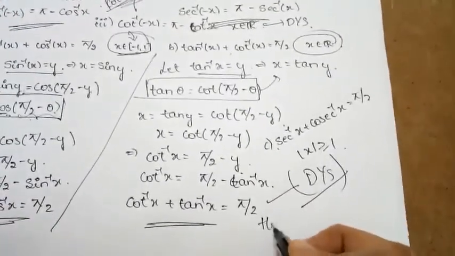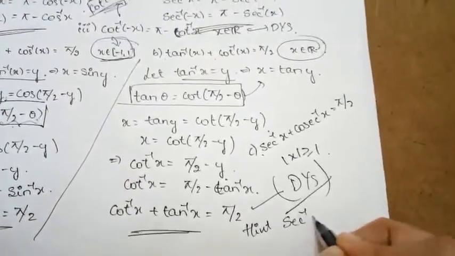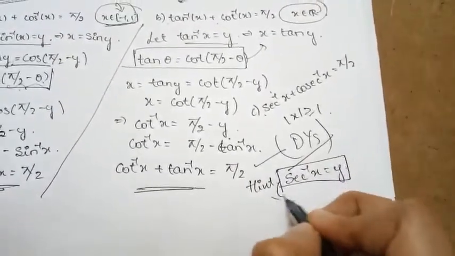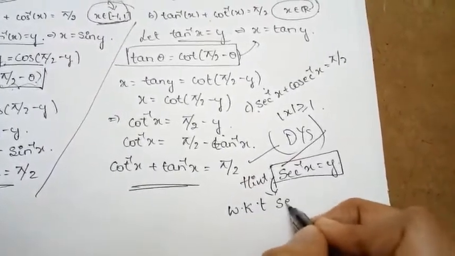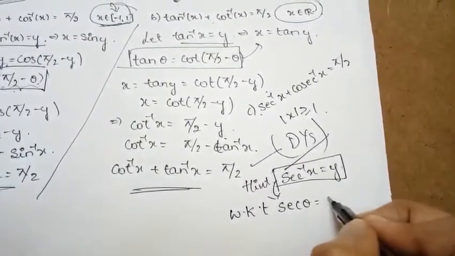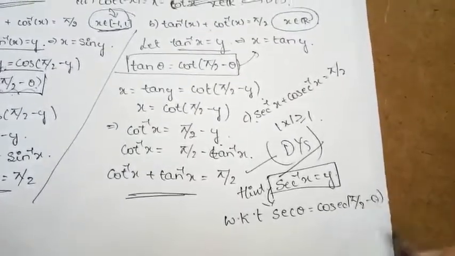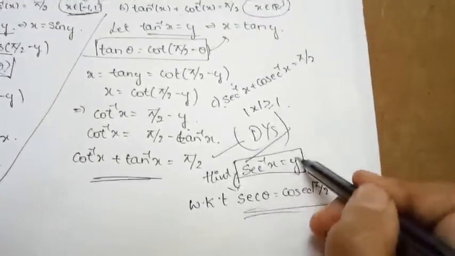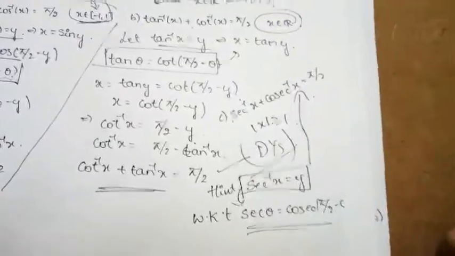The hint is, you can take secant inverse of x is equal to y, and another thing which we know is secant theta is equal to cosecant of pi by 2 minus theta. So this is the property which we know. By using this property and this hint, you can prove this property.